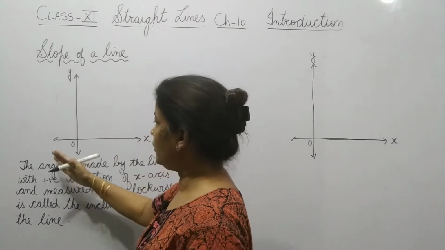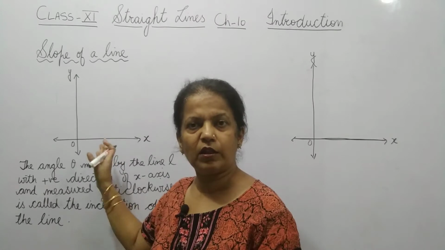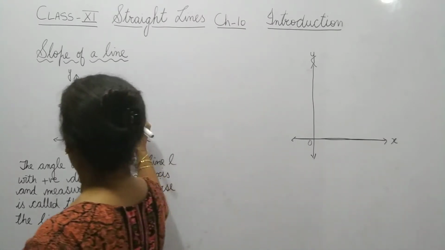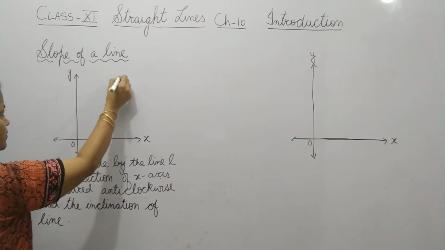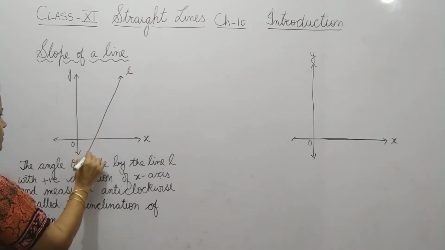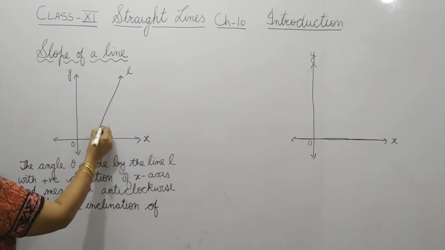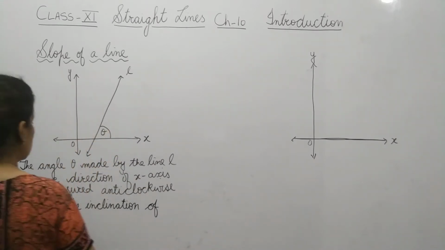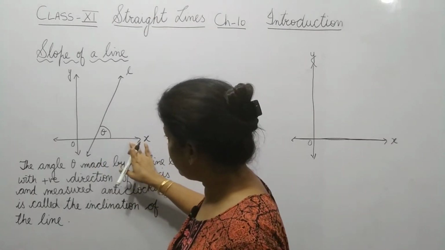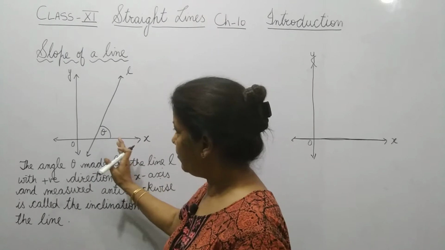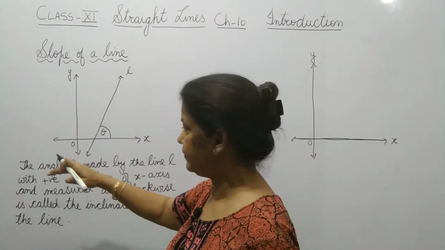Suppose that in this coordinate plane, there is a line L which makes an angle theta with the positive direction of x-axis, anti-clockwise in this way.